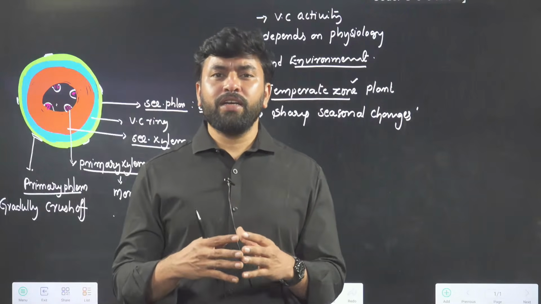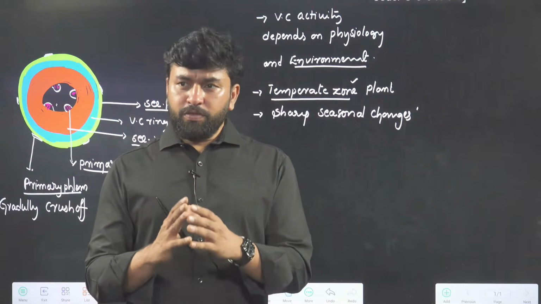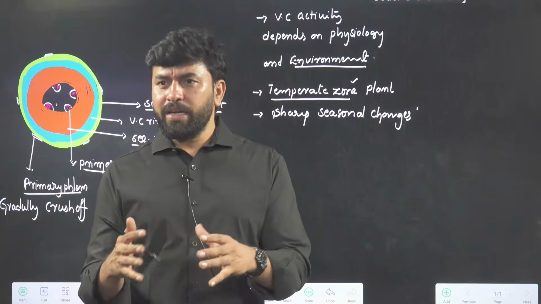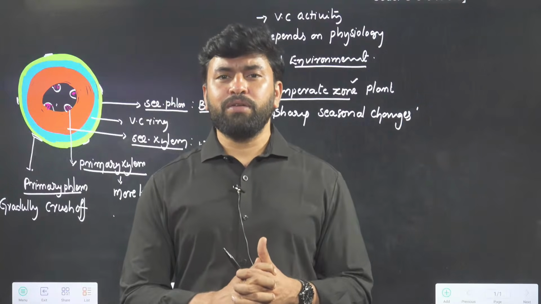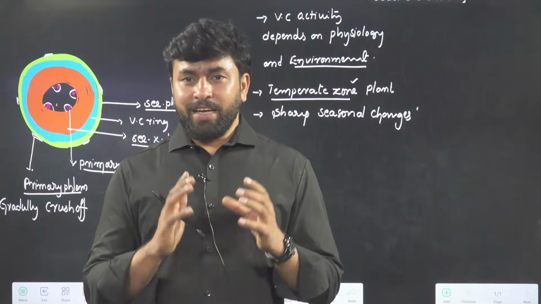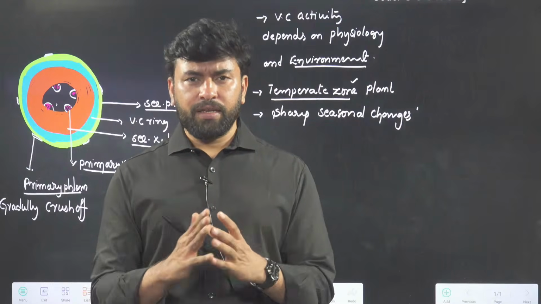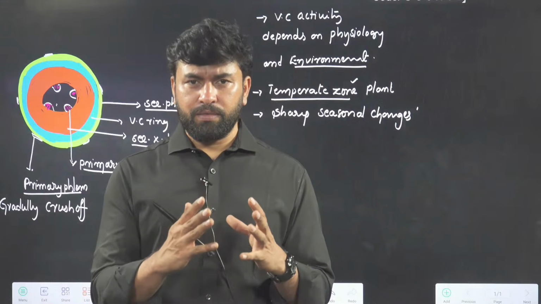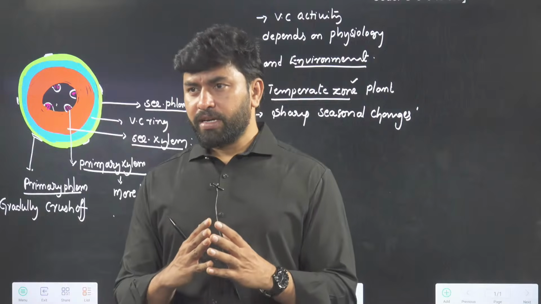Then ultimately the plant growth will be controlled by snow. If plant growth is controlled, automatically animals cannot thrive there. The entire population of plants and animals decreases during winter. Winter may last for a few months. In fact, it lasts for many months. In temperate zones, winter continues for around 4 to 5 months.